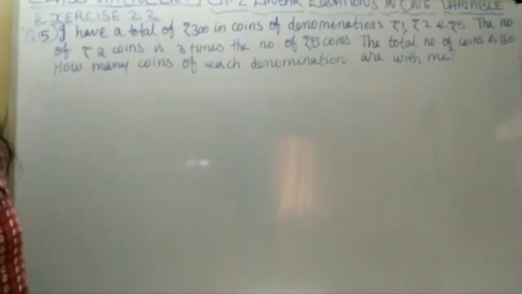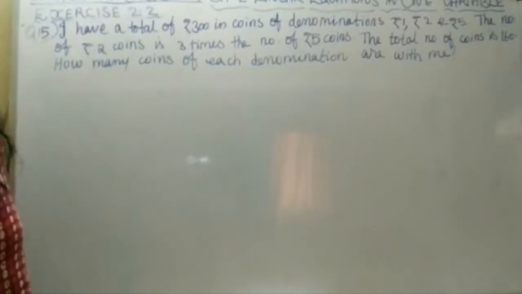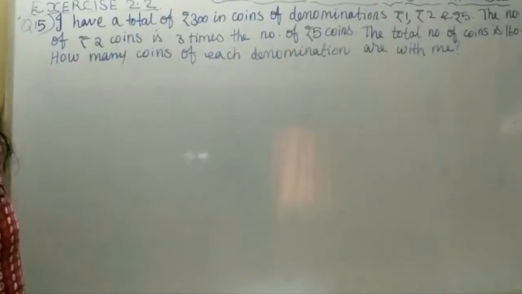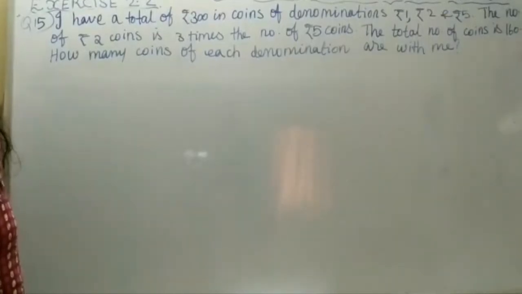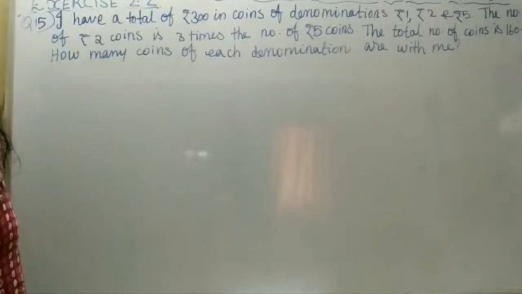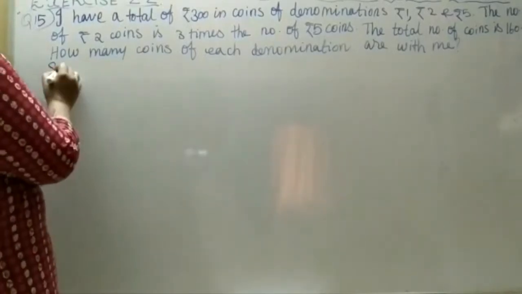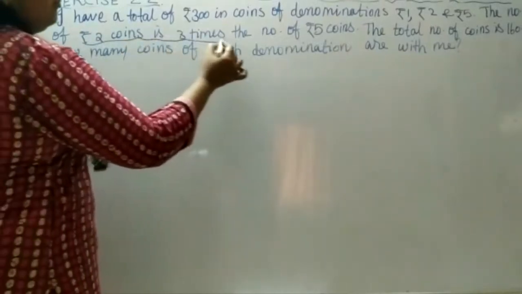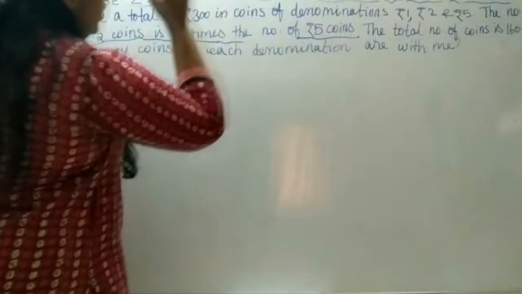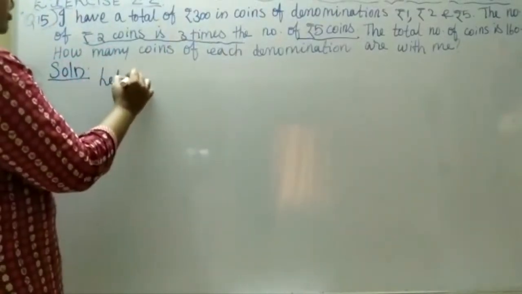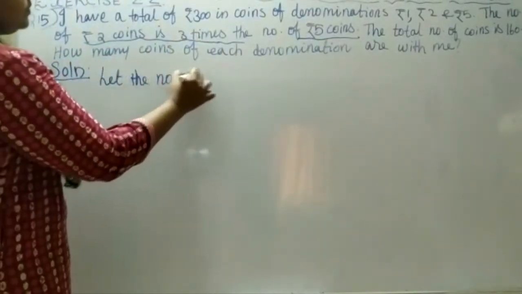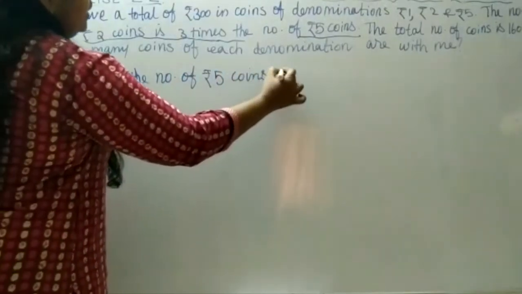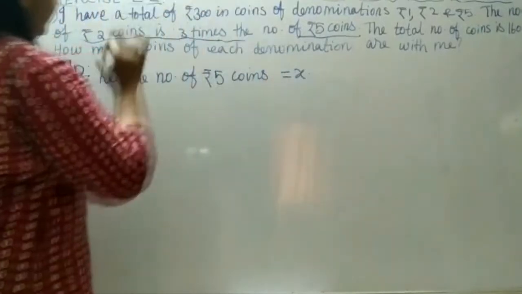Here the number of 2 rupee coins is compared with the number of 5 rupee coins. So let the number of rupees 5 coins be x.